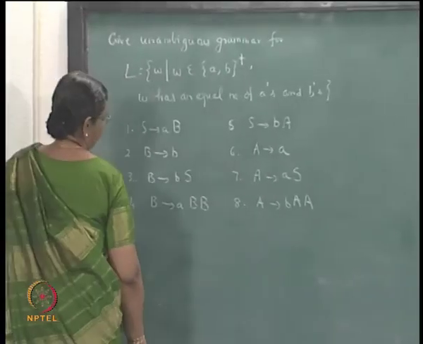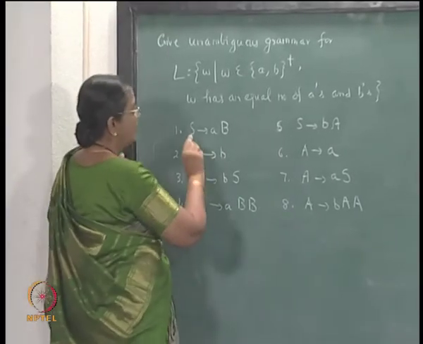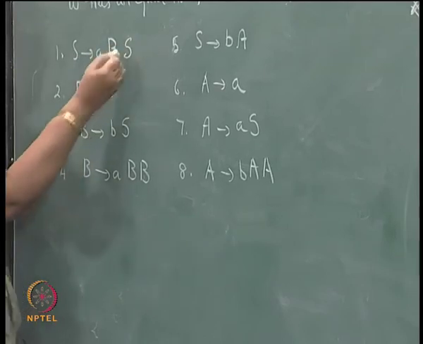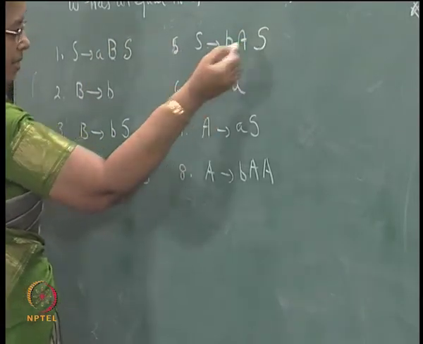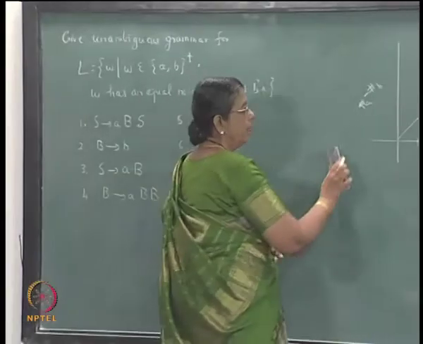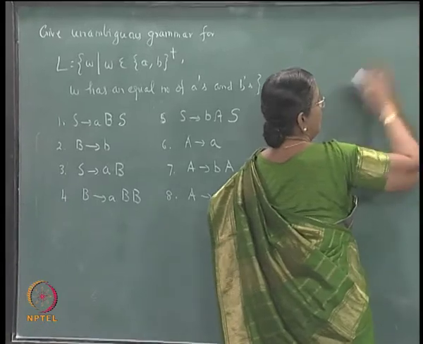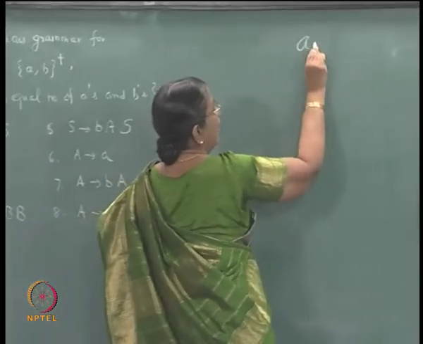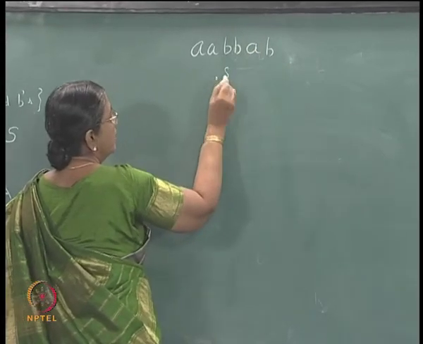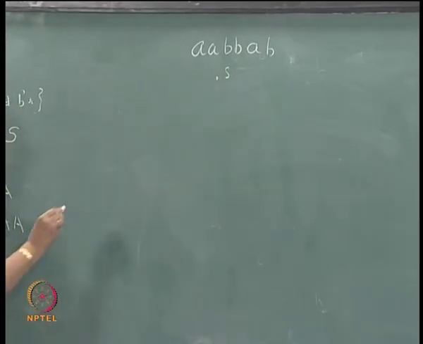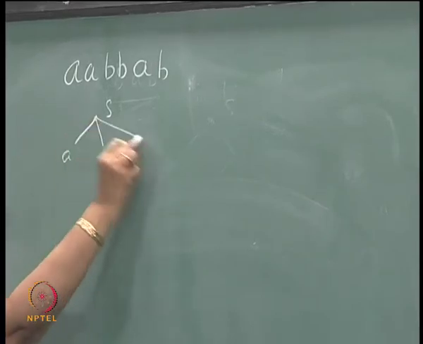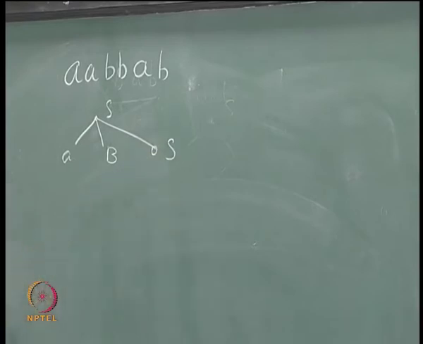Here, the first rules if you change, S goes to ABS, and S goes to BAS. Let us take the same string AABBAB, start from S. You apply the rule ABS.